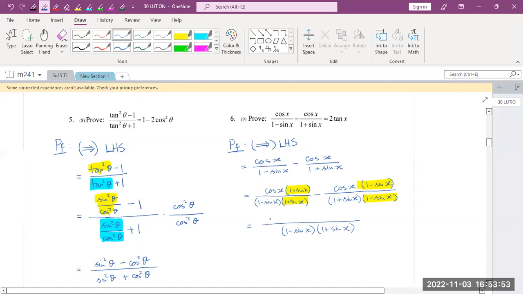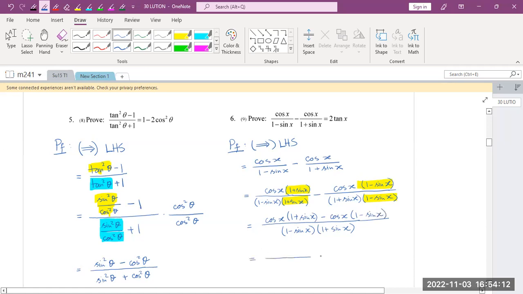On the numerator, we have cosine x times 1 plus sine x from the first fraction. From the second fraction, we have cosine x times 1 minus sine x.